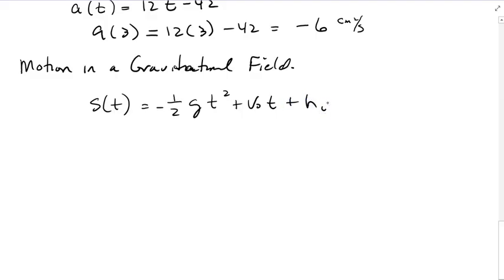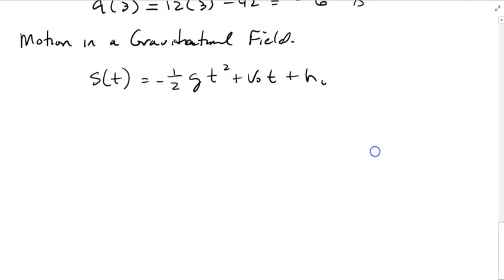So what you'll often see is -1/2 times the gravity, v sub o representing your initial velocity, and h sub o representing your initial height. T, of course, is time, and s sub t is the position. So, again, you don't need to know that now.